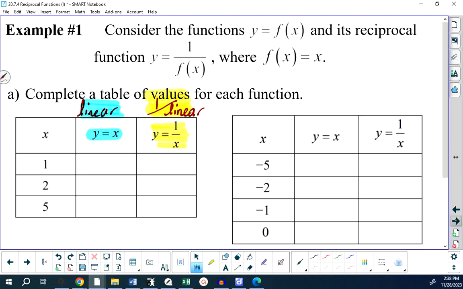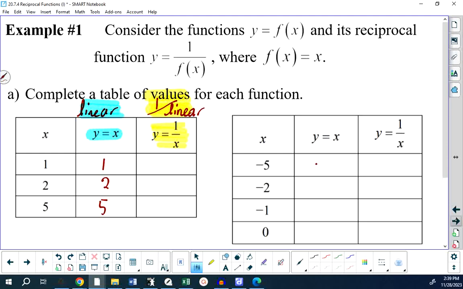So I'm choosing to do this with a table of values and filling in the first column that's empty as child's play. Because if y equals x and x is 1, y is 1. If x is 2, y is 2. If x is 5, y is 5. Let's leave the yellow column for later.